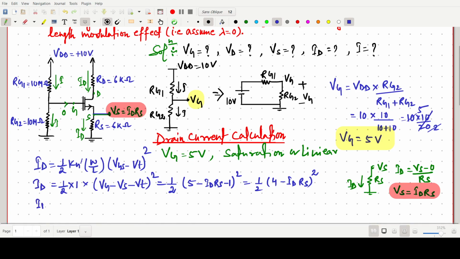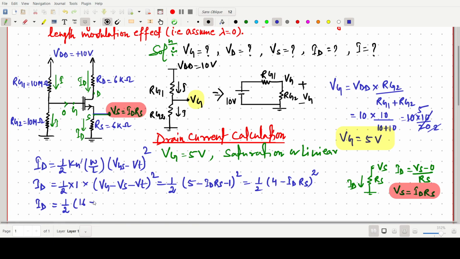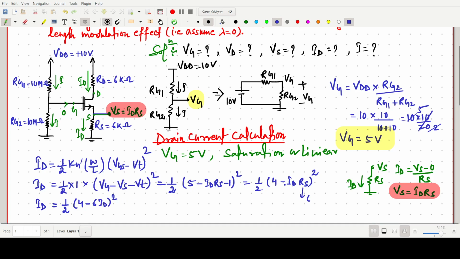So ID value will be 1 by 2 of this. Okay, so one more line we have to do, like (a minus b) whole square. So we can write 4 minus 6 ID whole square, because Rs is 6 kilo ohm.